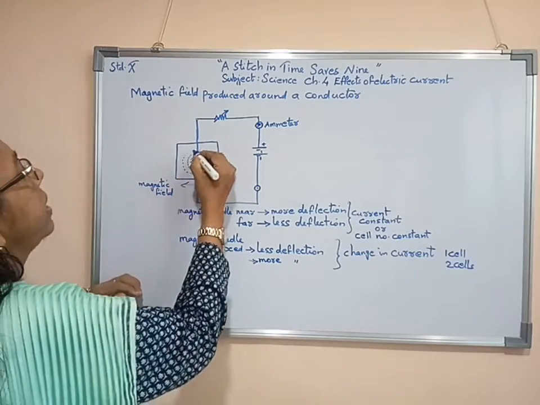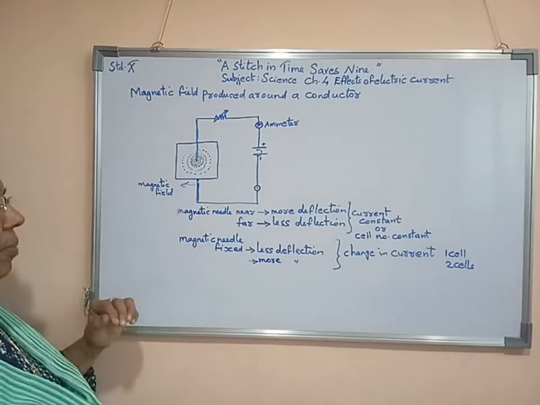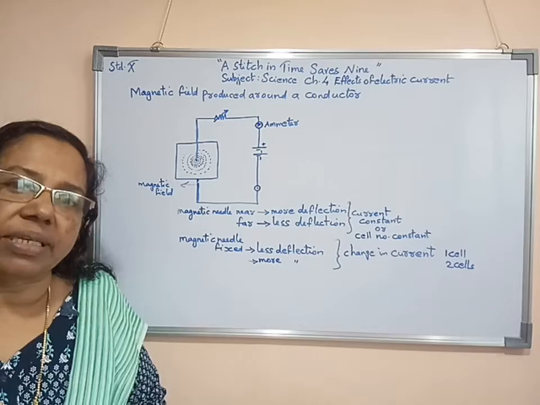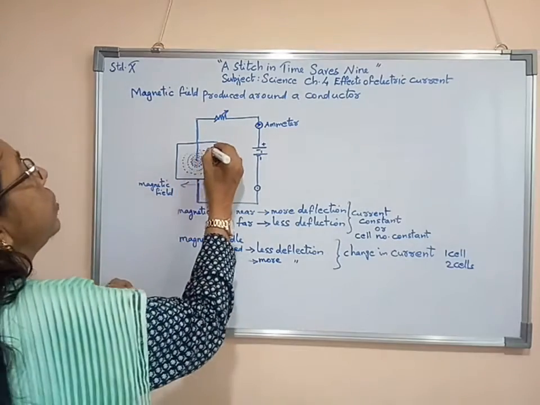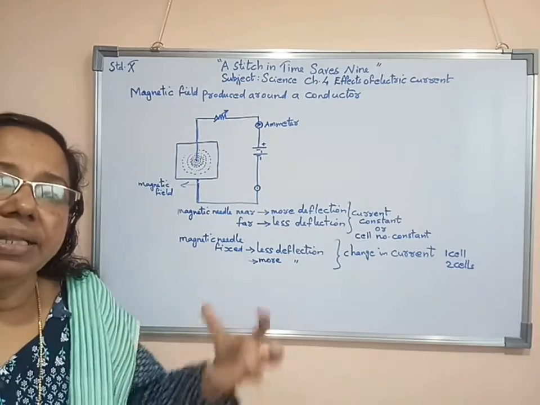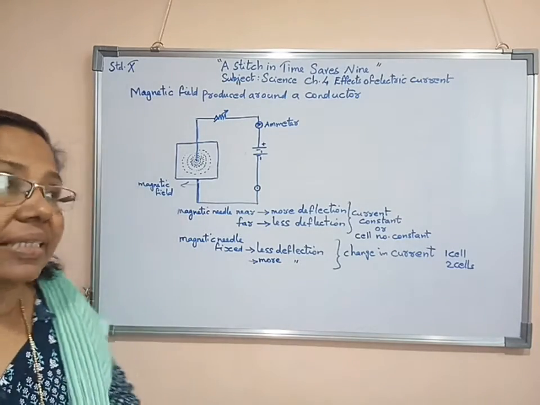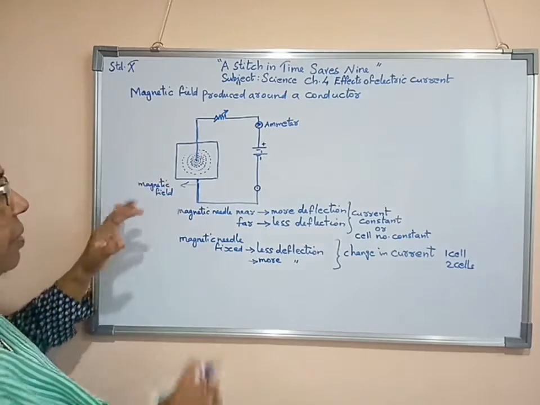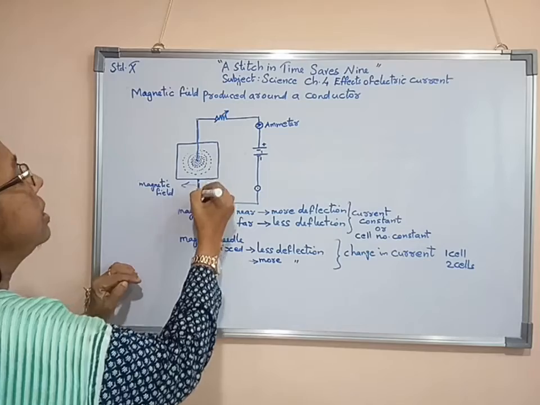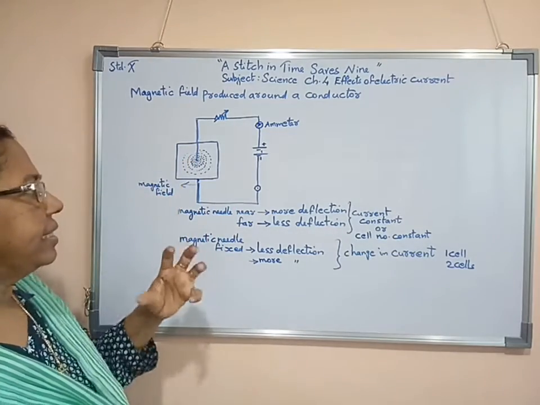Because of that, far away, no concentric circle formation takes place. You can find that iron filings are lying here and there, unable to form the concentric circles.